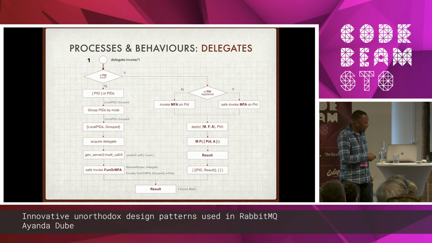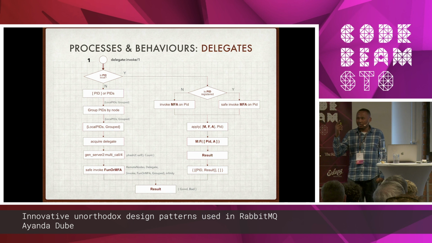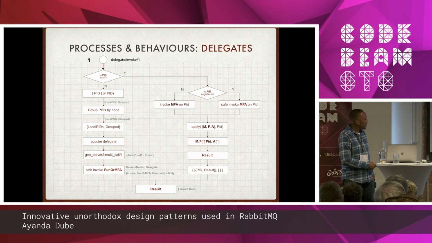Grouped here is actually a map with the remote node as the key, and the PIDs you want to forward the message to as the values. Then this will compute the delegate to use, and then it will use a GenServer 2 multicall, right? And then this will do a safe invoke. So this is now on the remote node. Do a safe invoke, and then basically you get the result.